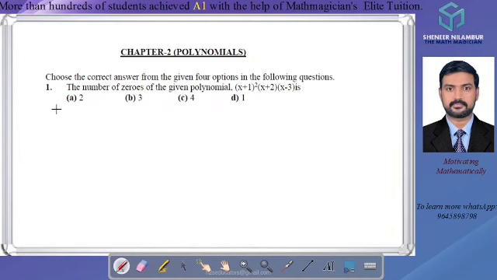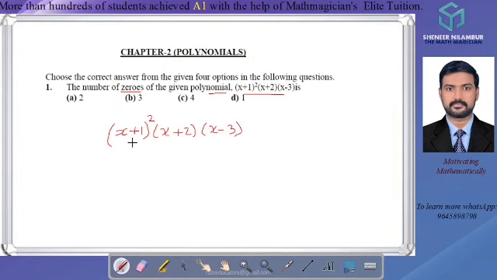Question number 1. The number of zeros of the given polynomial. So there is a polynomial which is given in product form: x plus 1 whole square into x plus 2 into x minus 3. The question is the number of zeros.